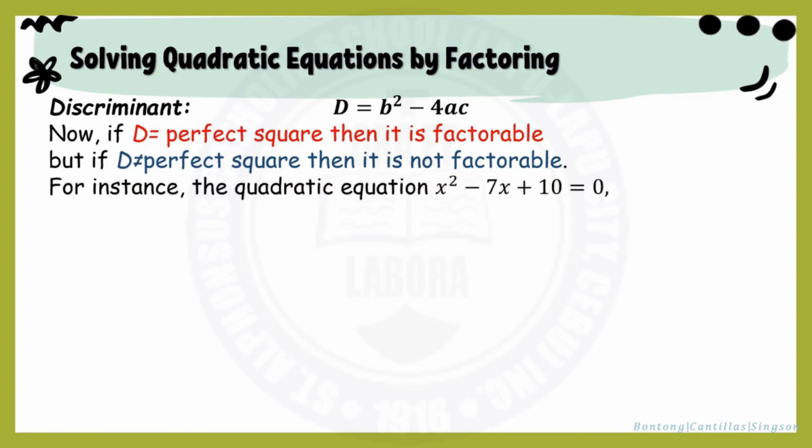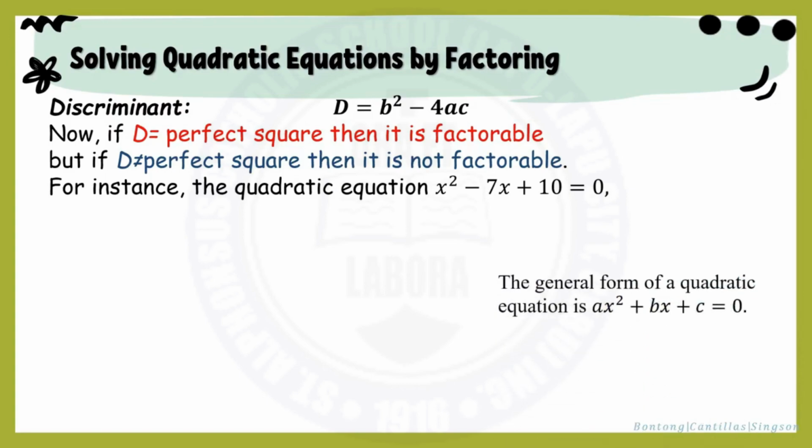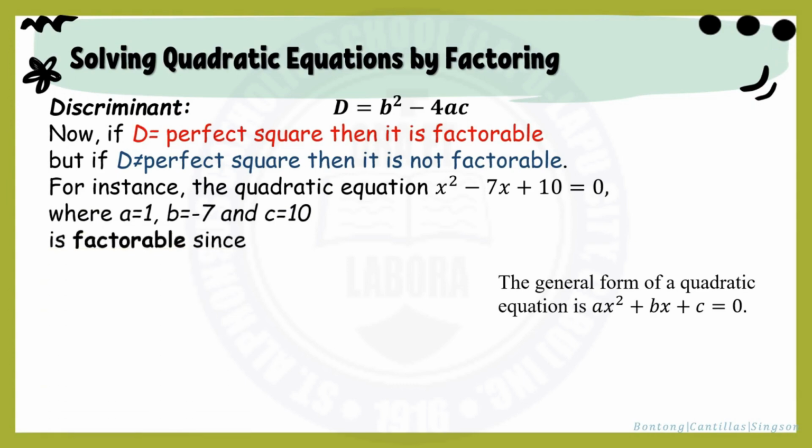For instance, the quadratic equation x squared minus 7x plus 10 equals 0. Remember that the general form of the quadratic equation is ax squared plus bx plus c equals 0. Then we could say that the value of a is 1, b is negative 7, c is 10.